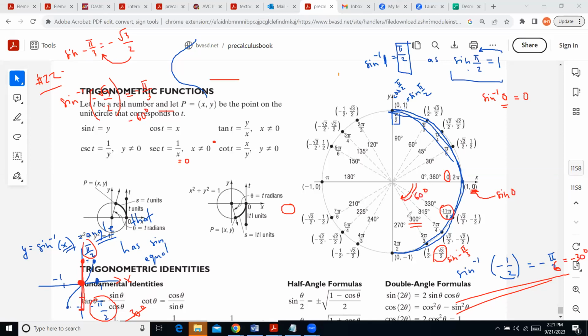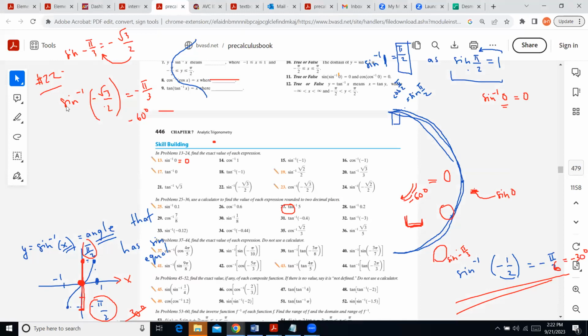Or you can say it's 300, so I need another 60 to reach a full rotation of 360, so it's 60, but with a negative sign. So the calculator does help in some cases when you are working with the inverse sines.